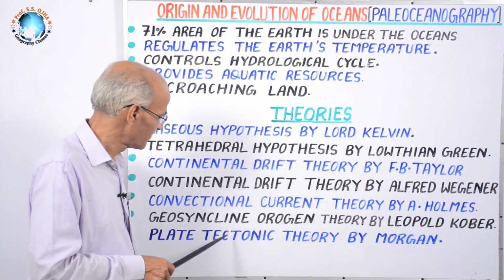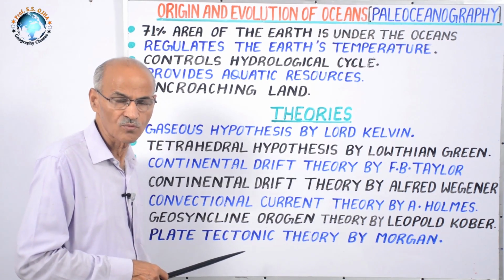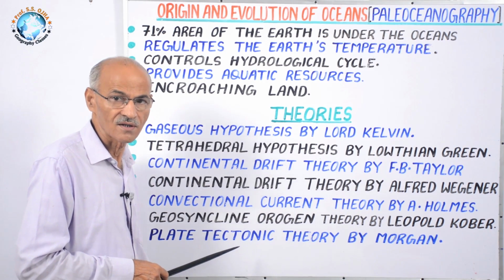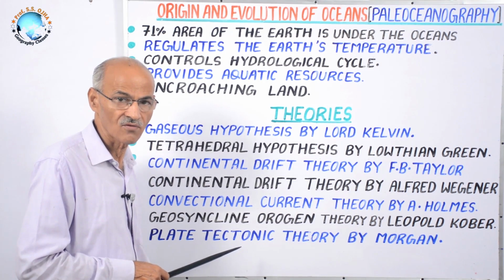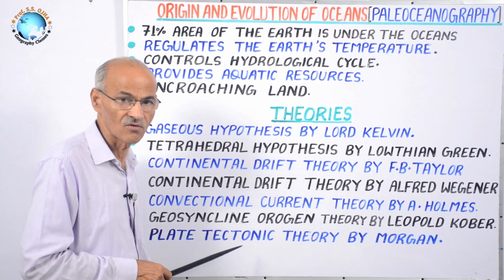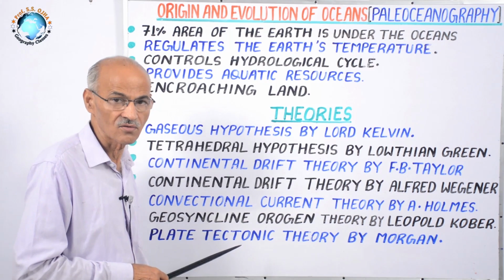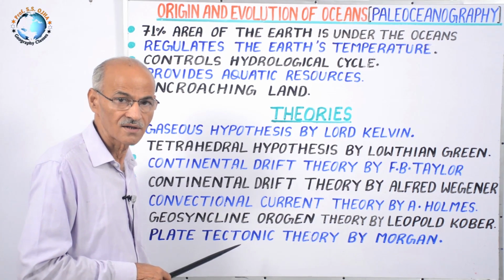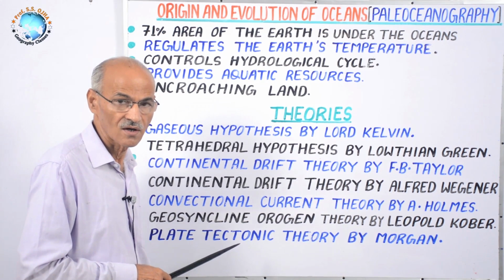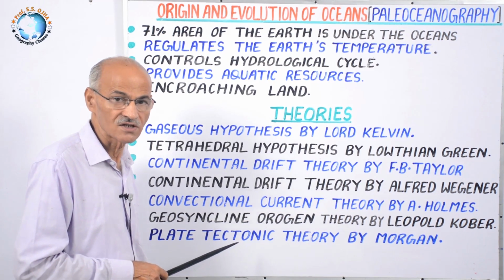Then, when Pangaea was broken in two parts, Tethys opened, and when the northern part, Angara land, was broken in two parts 180 million years ago, the North Atlantic Ocean opened, and 120 million years ago, the Gondwana land was fractured.